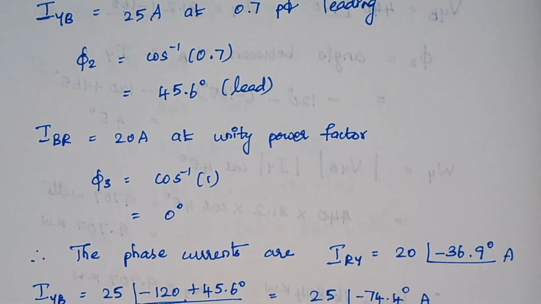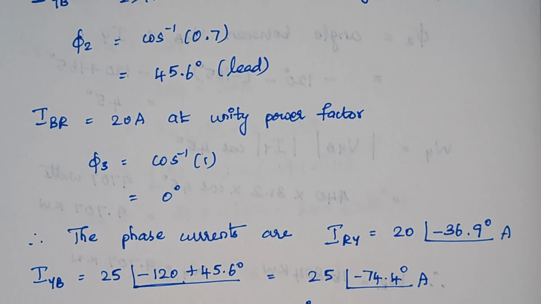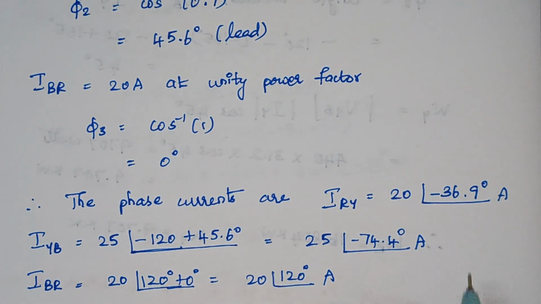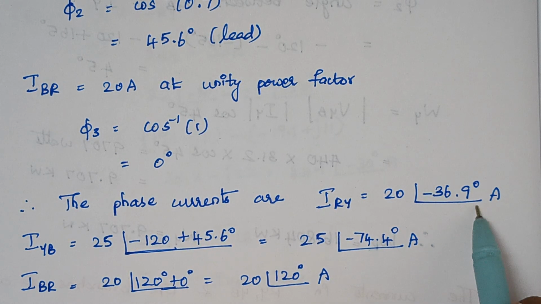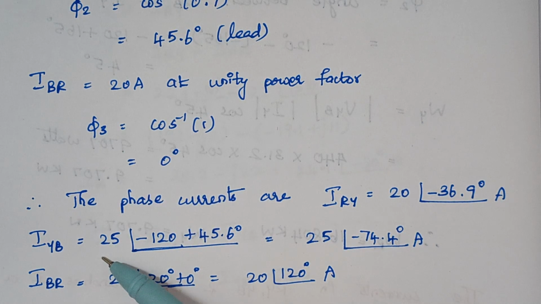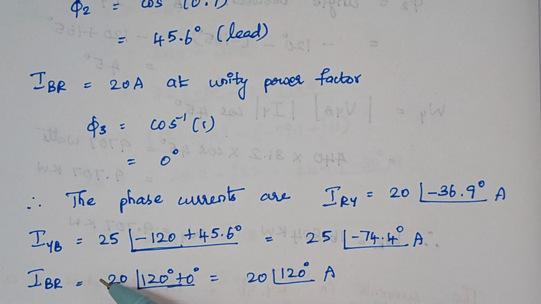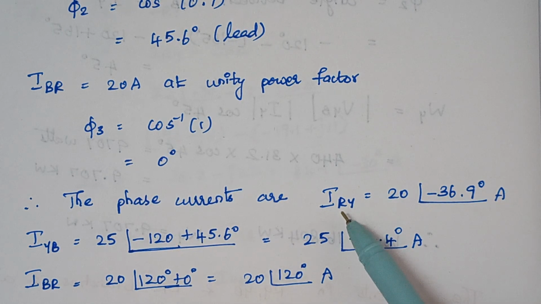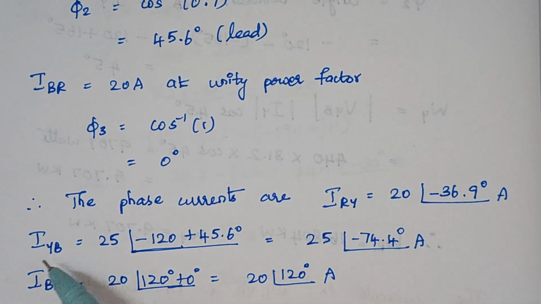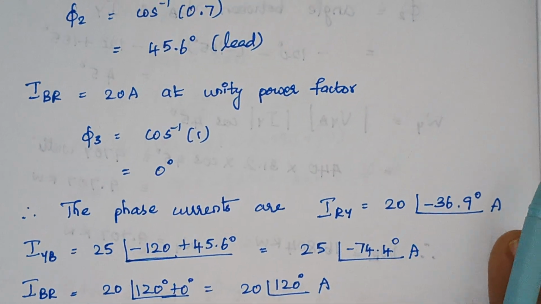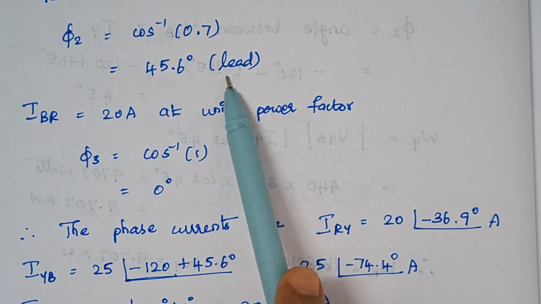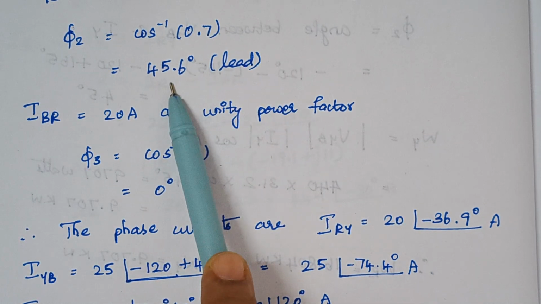Now we have to find the values of the phase currents. The phase currents are 20 with an angle of minus 36.9 degrees, and the next one is 25. Since the voltages have a phase displacement, the currents will have the same displacement. The phase difference between IRY and IYB is minus 120, but since it is a leading angle, it is plus 45.6.